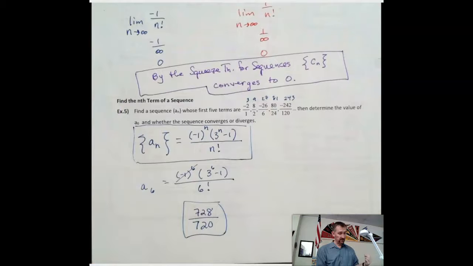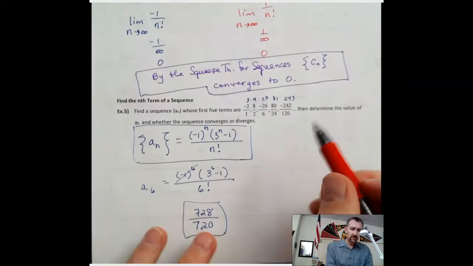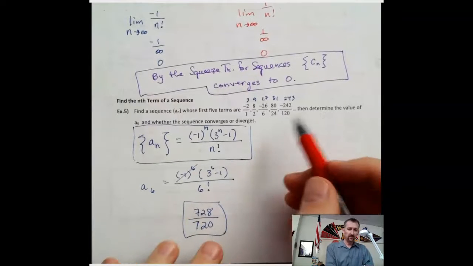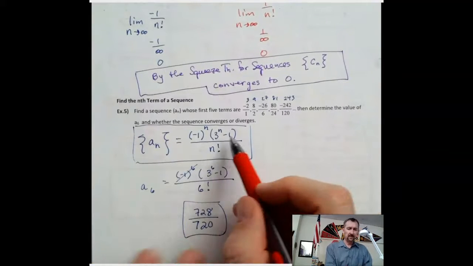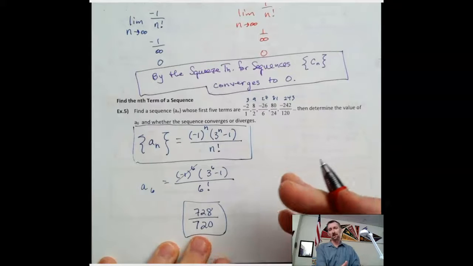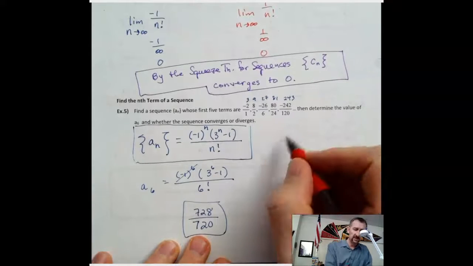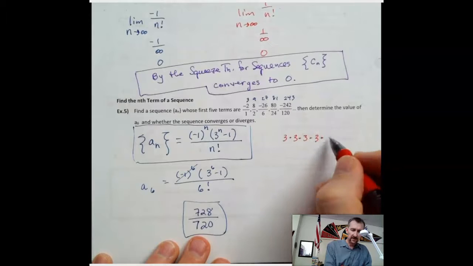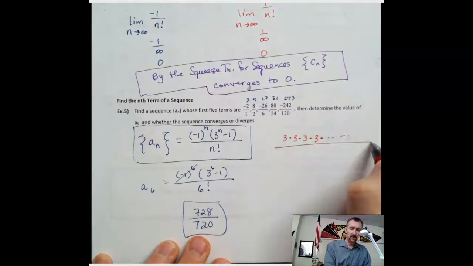Now, does that converge or diverge? Well, let's think about it for a moment here. So basically, let's focus on 3 to the n, because with 3 to the n minus 1, the minus 1 is pretty insignificant. So 3 to the n would be 3 times 3 times 3 times 3, etc., right?